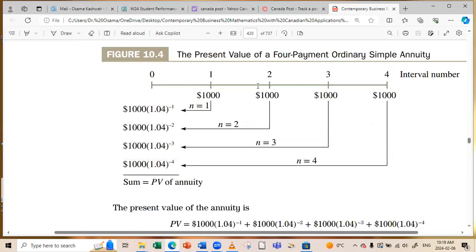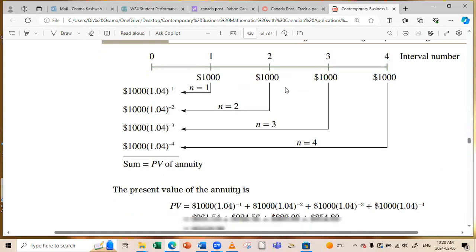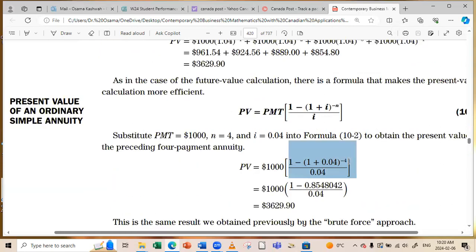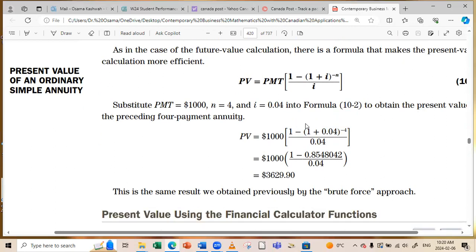We have 4 annuities here: 1, 2, 3, 4. So minus 4, here it is, divided by, again, the interest rate. The interest, of course, is a compound interest here.